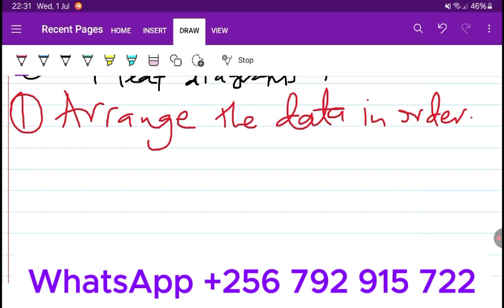Because if you don't do that, and maybe you are looking at a data set that is very large, maybe exceeding 50, because we say that the stem and leaf is good for data sets between 10 and 50. Now, what if I have 100 individual values?